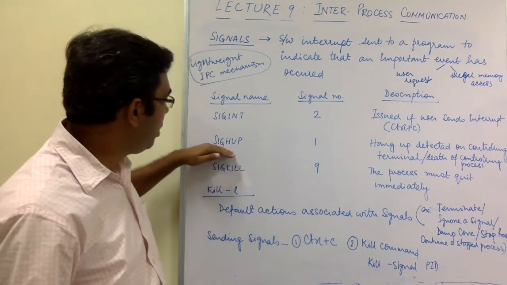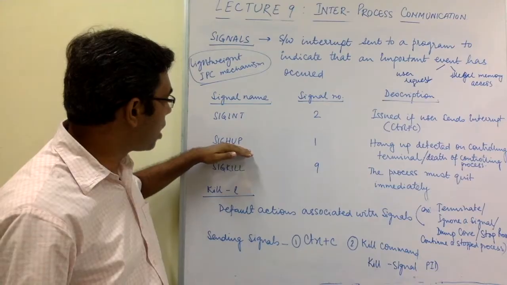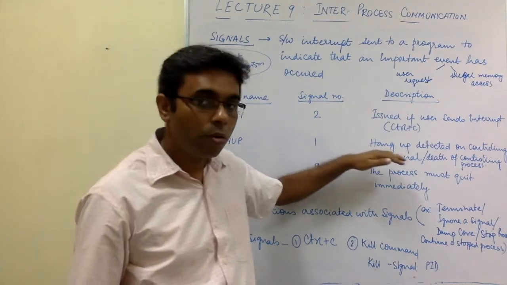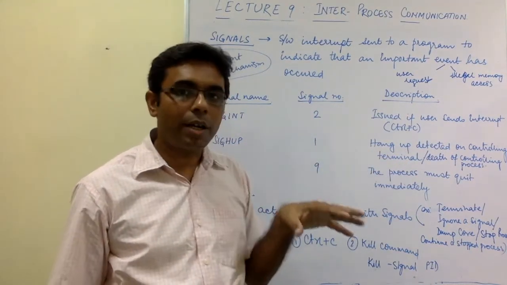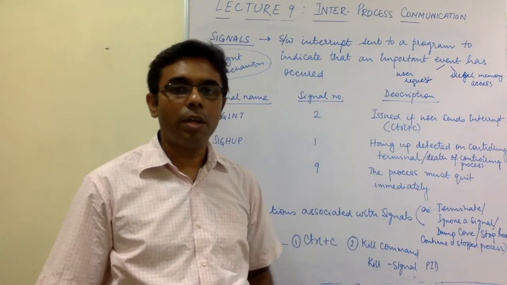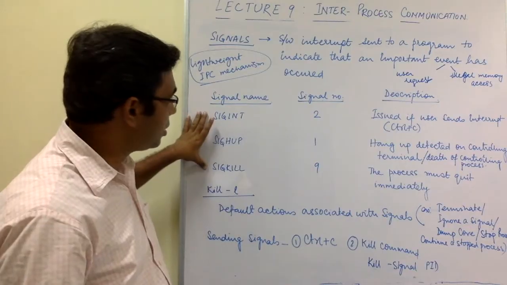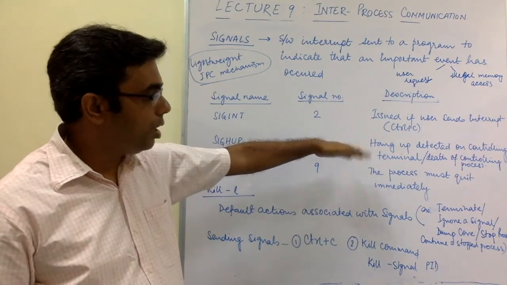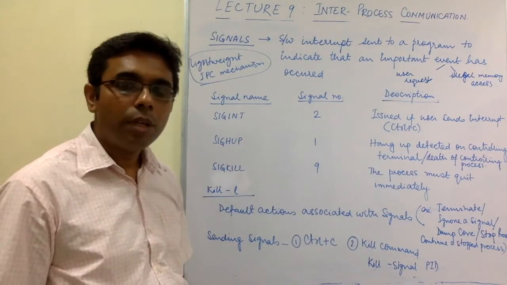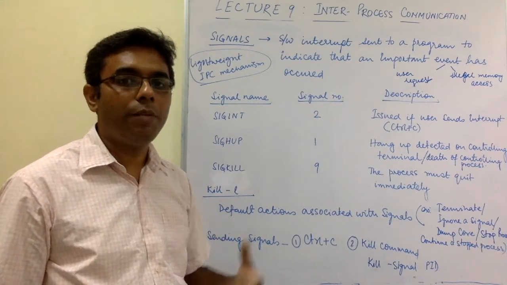So that's a user generated interrupt. The other one could be the signal SIGHUP, which is to stop the current process. We'll talk about that in just a moment. So these are the typical signals, and each signal has its corresponding default action.